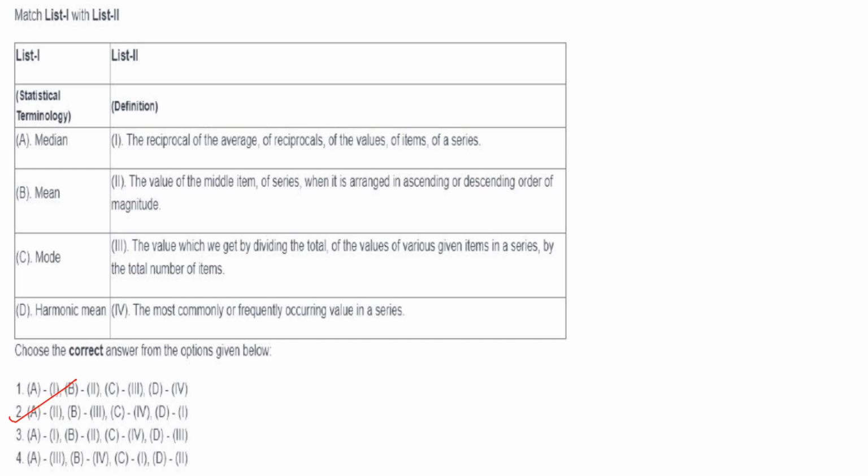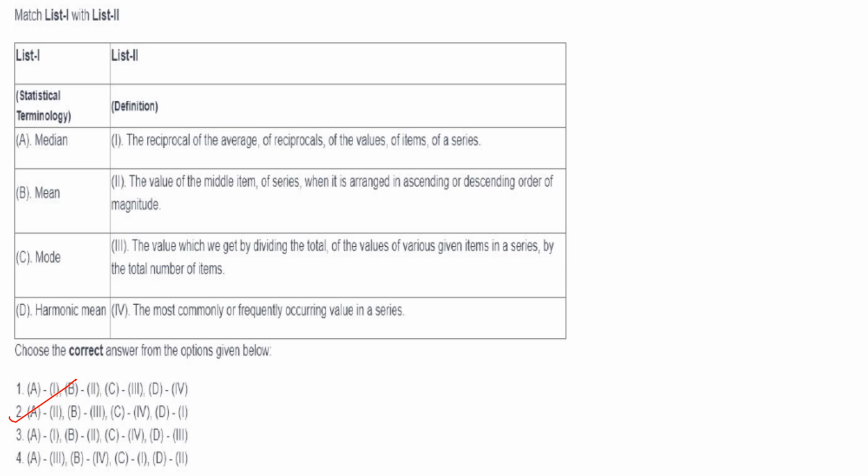Okay, mean is the average. So see third one. The value we get by dividing the total of the values of various given items in a series by the total number of items. So you add up all the values given in the series and divide it by the total number of items, that is your mean.